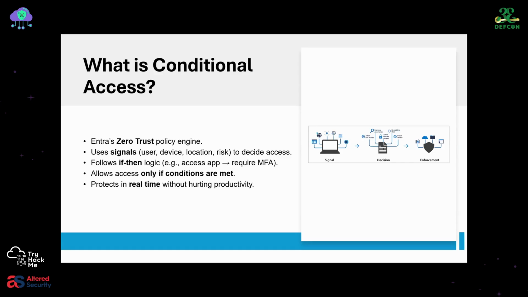For example, if your user wants to log in to the O365 portal, then they must complete multi-factor authentication. These are the conditions you define in conditional access policies, right? Conditional access will verify the signal, and only then will it let you in if the conditions are met. So it will first verify each and every condition.